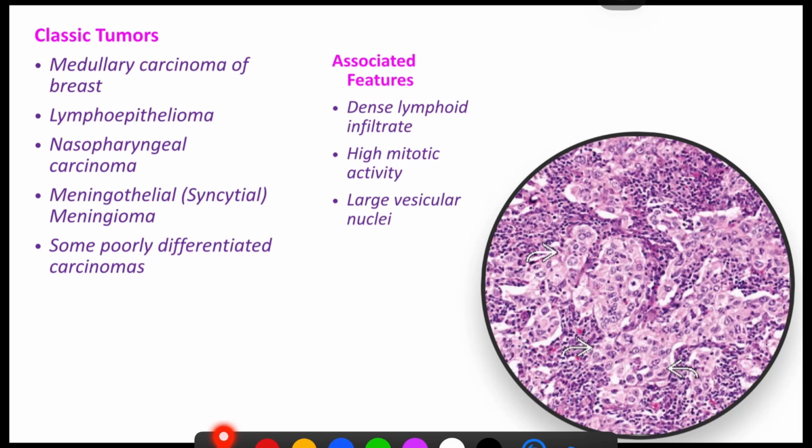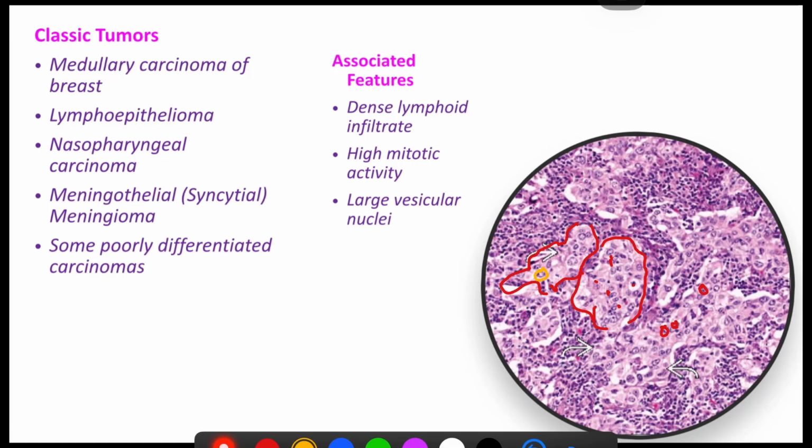Here you can see the tumor part where the cells have a syncytial pattern. You cannot identify the actual border of the cell; all the cells are fused together with indistinct cytoplasmic borders, and you can only identify the nuclei, which have vesicular chromatin.